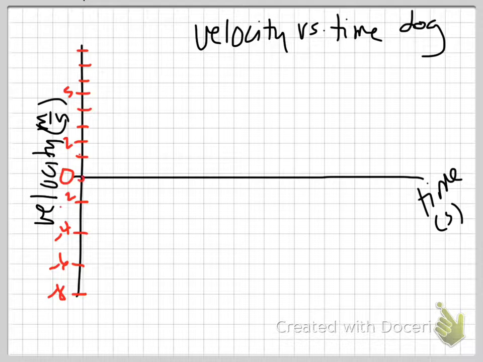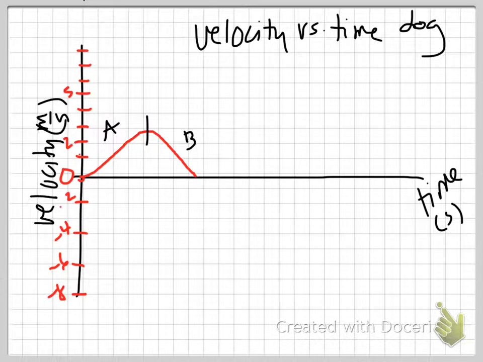So we start off at origin, and we drive this way, and we drive this way. In portion A, is our velocity positive? Yes. Is our acceleration positive? Yes. In portion B, is our velocity positive? Yes. Our velocity is still positive. How do we know our velocity is positive? Location of the line.